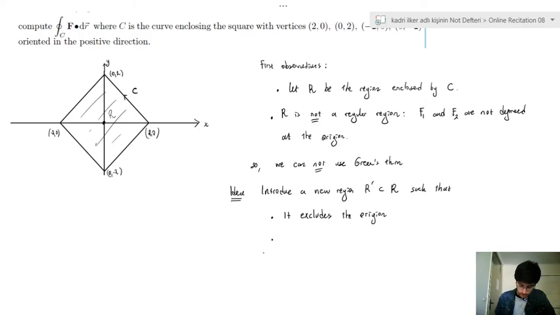And the second thing is, of course, it should be enclosed by a suitable, positively oriented boundary curve.